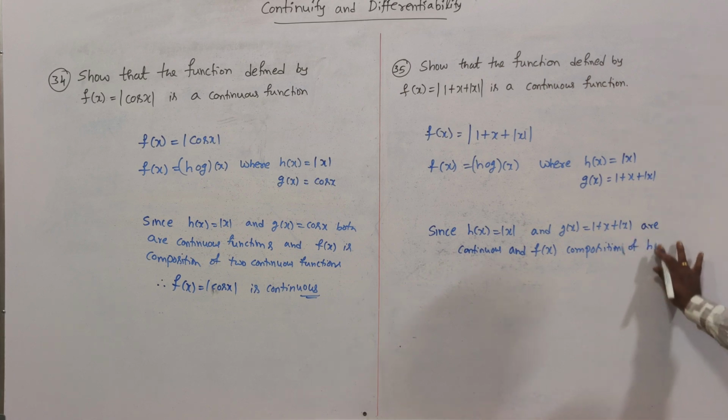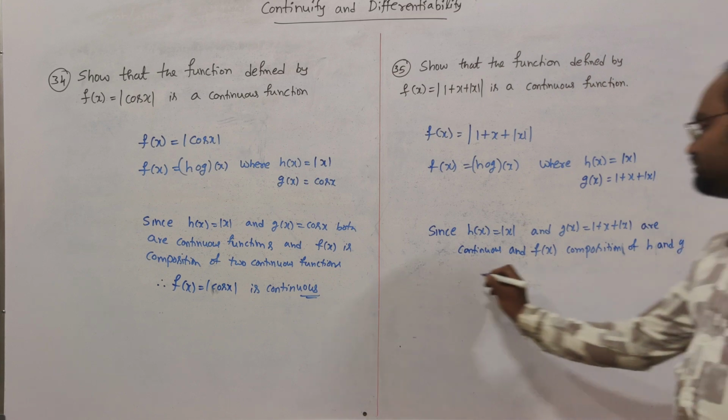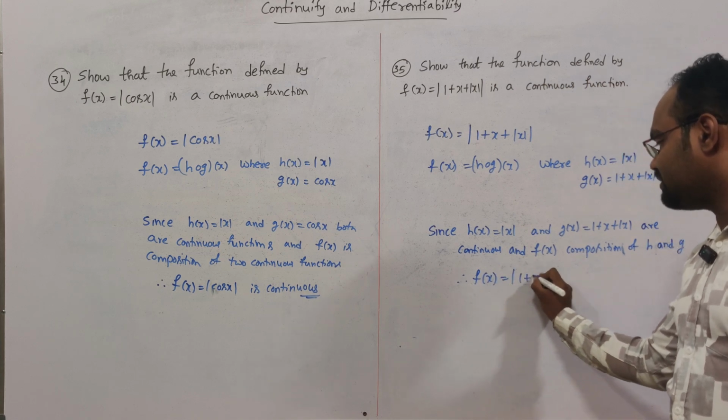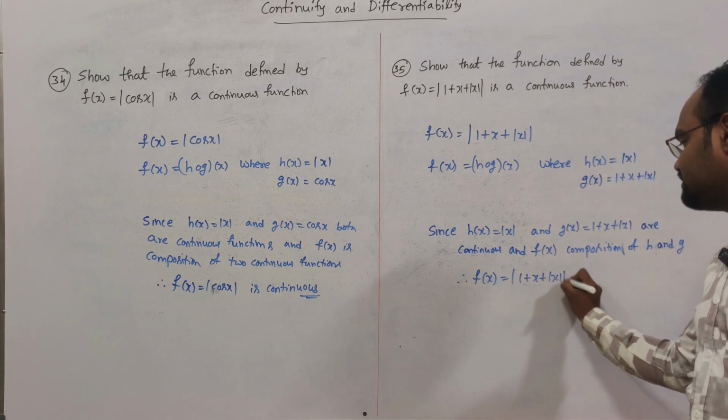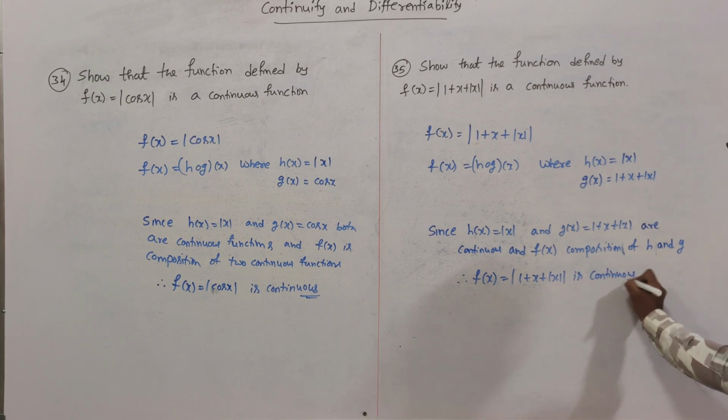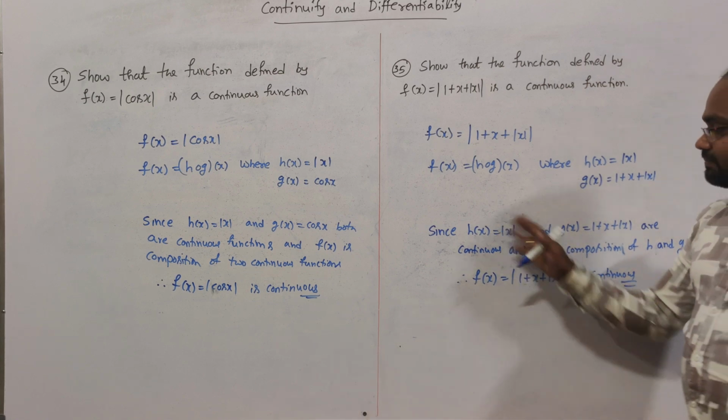Write h of x and g of x, h and g. Therefore f of x is equal to modulus of 1 plus x plus mod x is continuous. That's all, simple, right? You can write it simply.